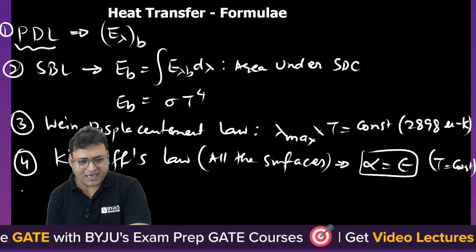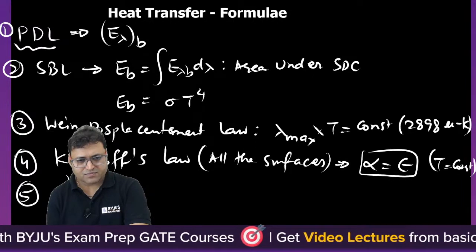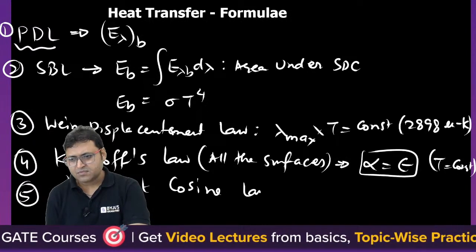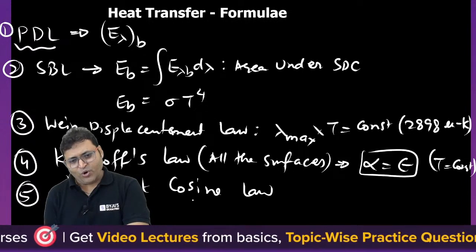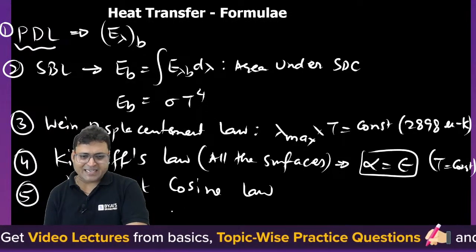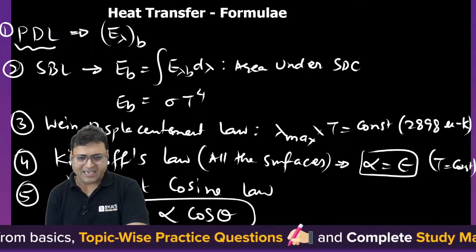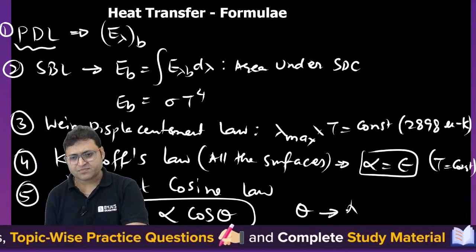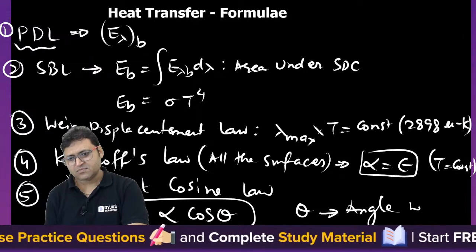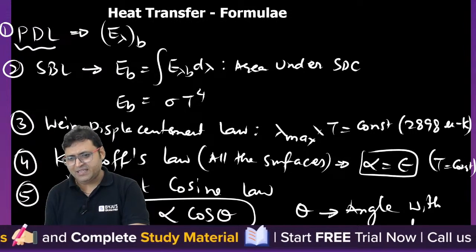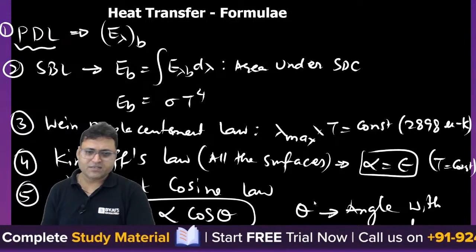And finally, Lambert cosine law. The intensity in any direction is proportional to cos theta. Theta is the angle with the normal.